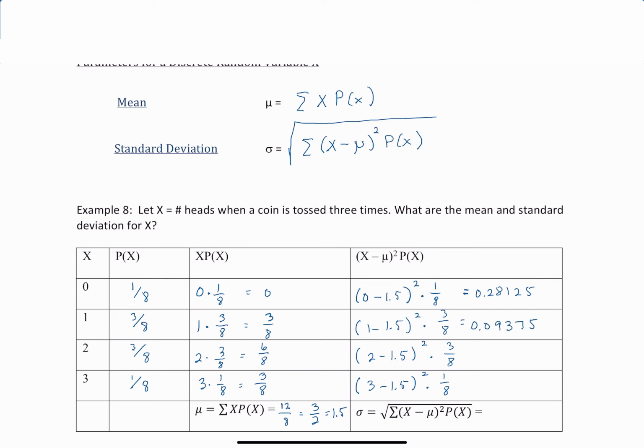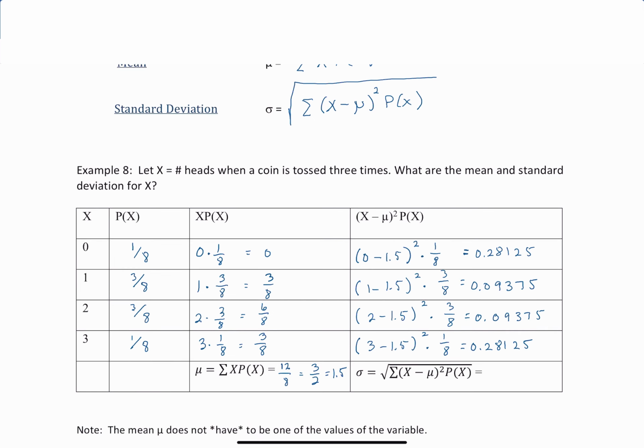I get 0.09375 for the second one. I also get 0.09375 for the next one. And for the last one, I get 0.28125. Now I have to add those up, which gives me 0.75.